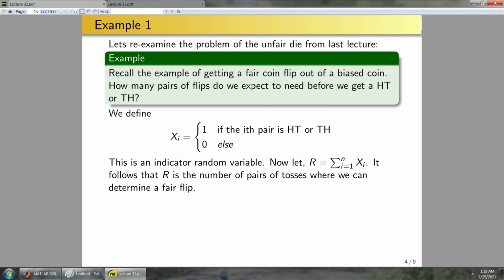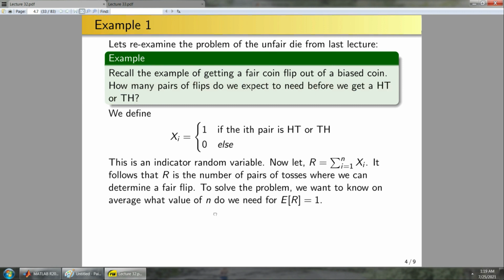So now to solve this problem, I can rephrase it in terms of R. Explicitly, we want to know on average what value of n we need for E[R] to equal 1. I say on average because there's randomness going on, but really I want to know what value of n gives me that E[R] is equal to 1, or say maybe greater than or equal to 1.